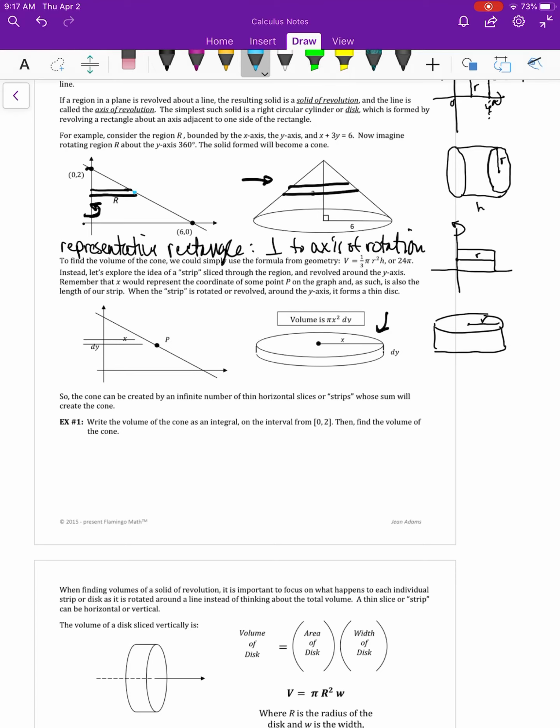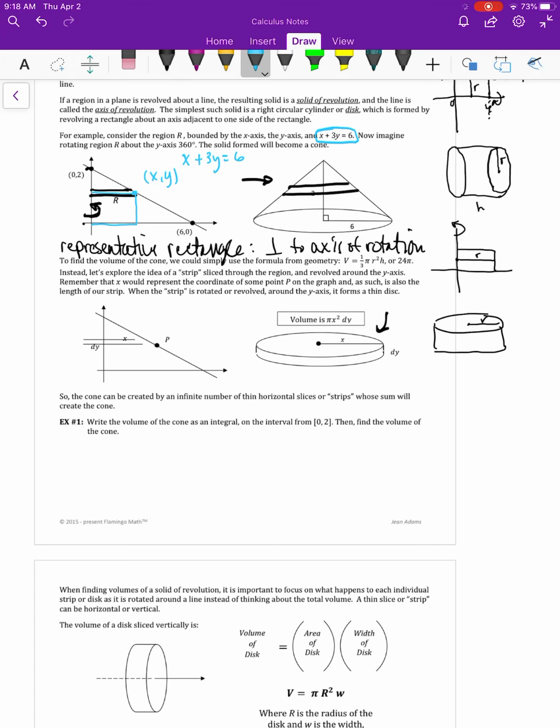What I like to tell you to do is find a point on your function at the end of that representative rectangle. That's an xy point on your function. For this one, they gave us this function, x plus 3y equals 6. Imagine that you're going to that point, you go x, and then you go y, to get to this point.